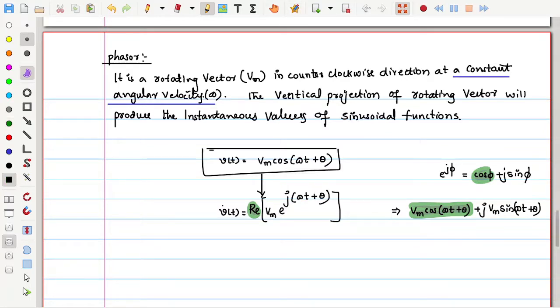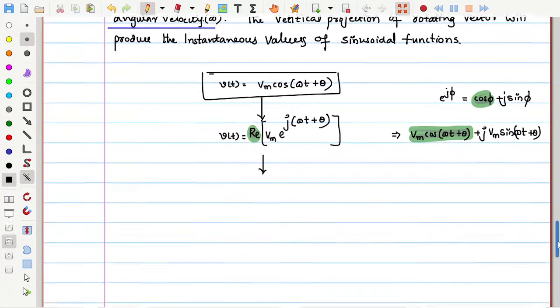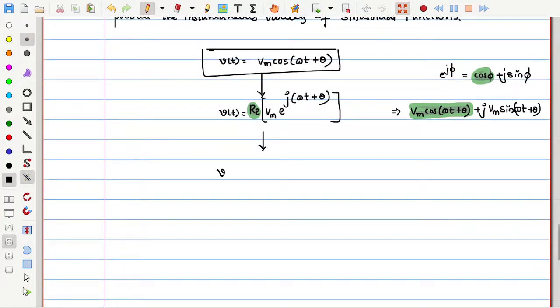Now in this representation, in one more next step, what I will do is write V of t like this. Can you observe that this is e power 2 terms, we can split as e power j omega t into e power j theta.